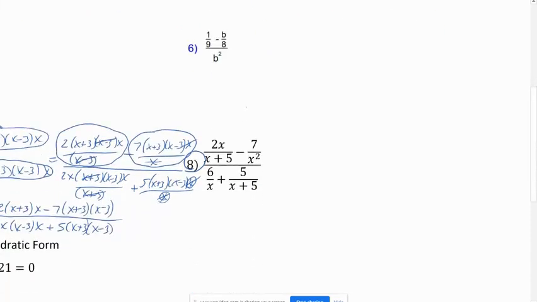For problem number 8, our common denominator would be x squared, x plus 5.